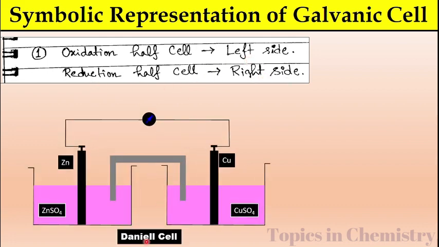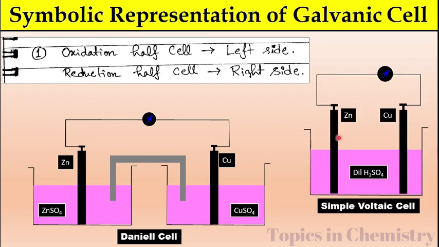In the Daniell cell, the left hand electrode is where the oxidation reaction takes place, and the right hand electrode is where the reduction reaction takes place. So this is rule number one: always remember, at the left side oxidation occurs, and at the right side reduction occurs.